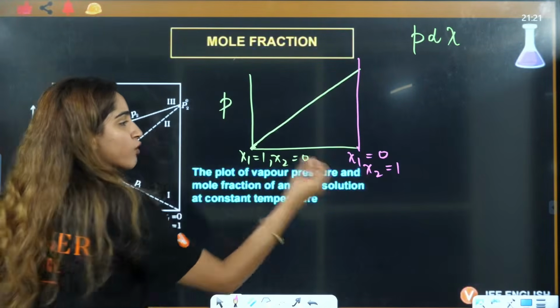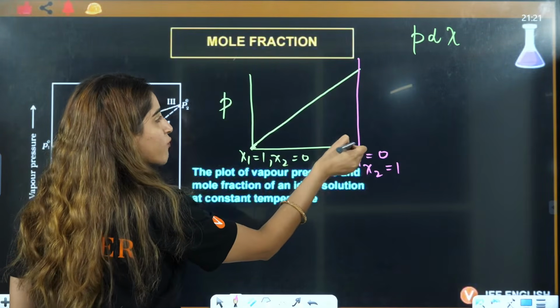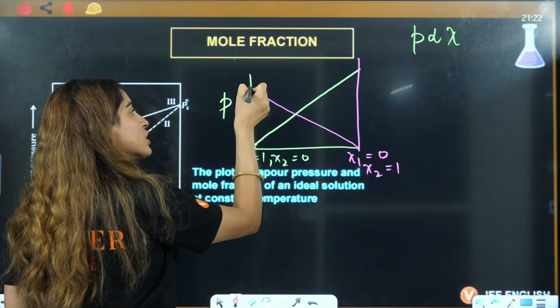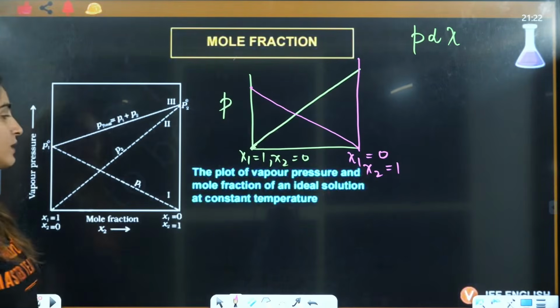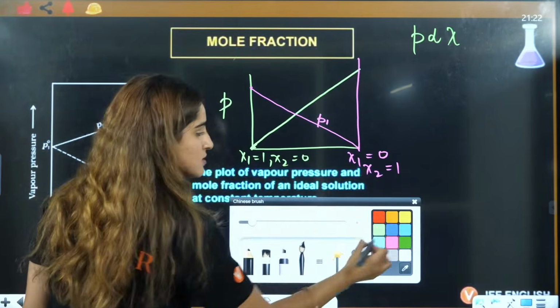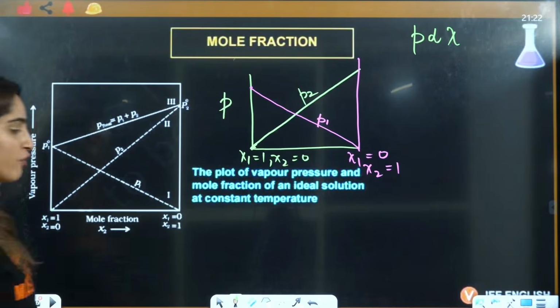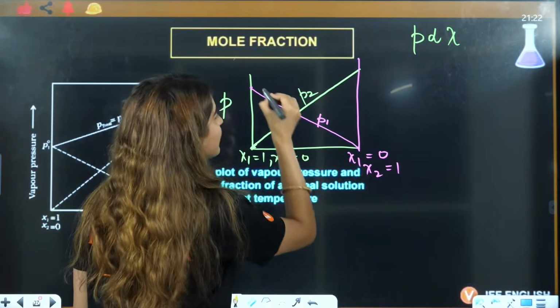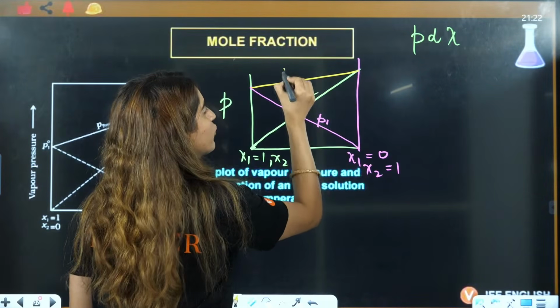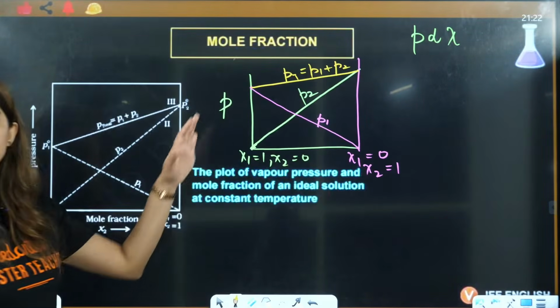As the mole fraction of 1 increases, the partial pressure of 1 also increases. That's why this is the partial pressure of 1, and this is the partial pressure of 2. When you join these two things, that will define PT, that is P1 plus P2. That's how we draw this graph.